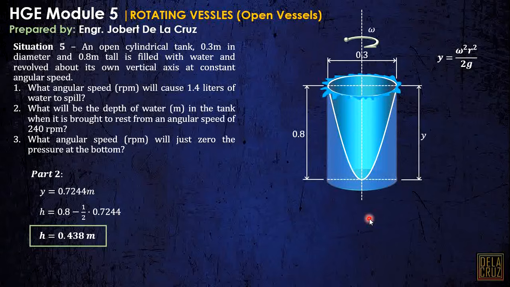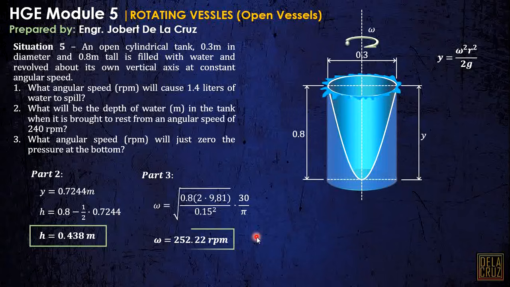So, as you can see, yung y natin dito is 0.8 automatic. So, by that, diretso ko na lang, no? The same formula kanina, yung i-arrange natin. Then, we can have the value of omega. Okay? So, this is for open vessels. For the next video, that will be closed vessels.